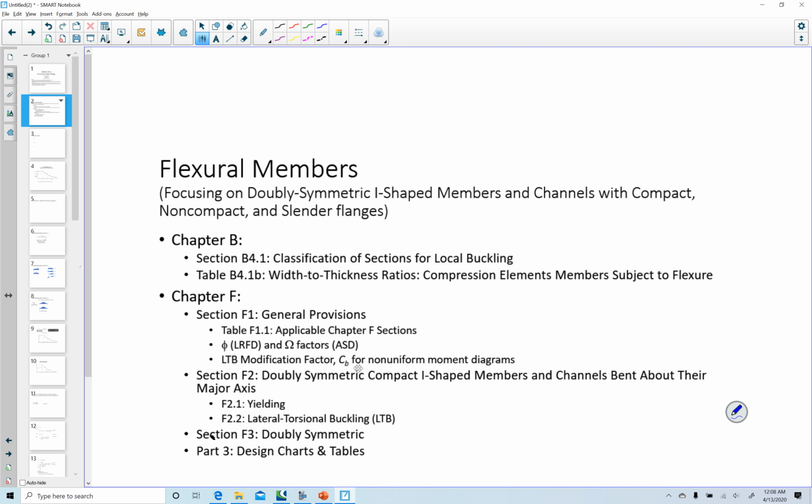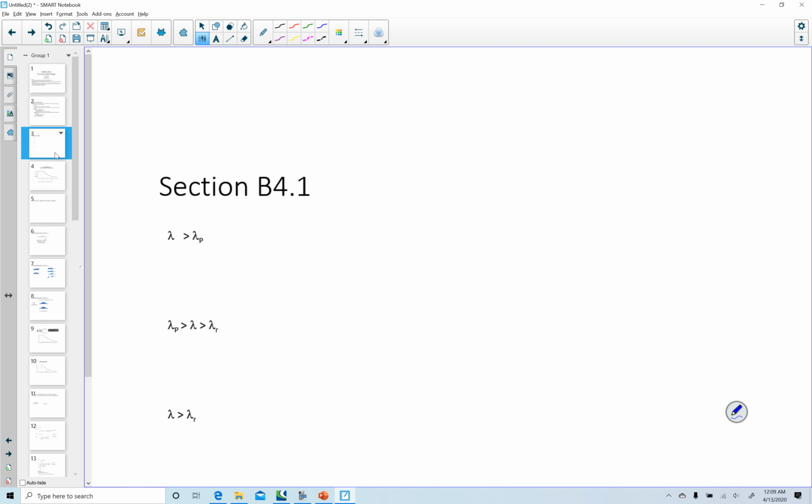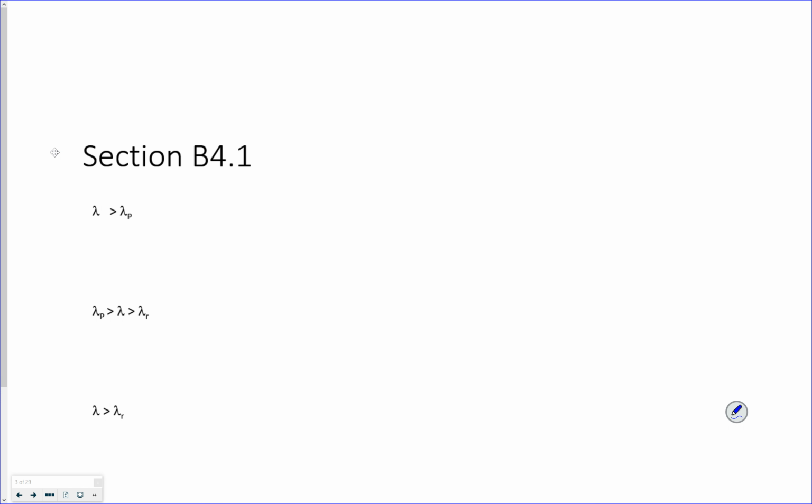And finally, our design charts and tables are part 3, which starts on page 3-1, our little tab that says beam. So let's start off talking about whether or not something needs to be checked for local buckling and whether or not local buckling will occur.